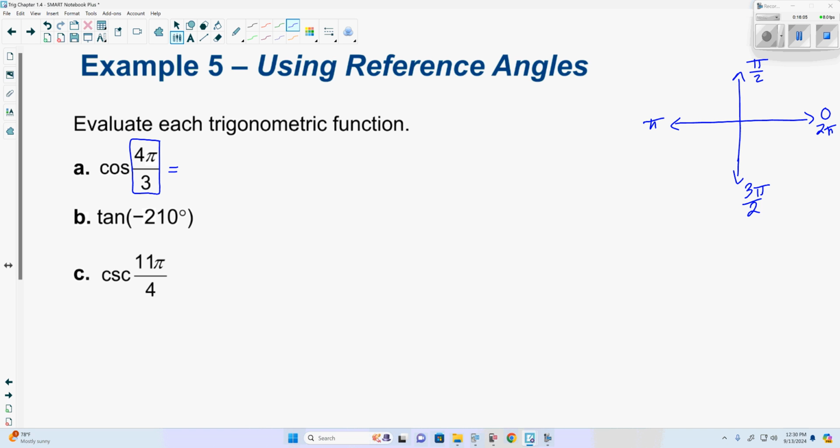Yeah, so it's past pi over 2. Pi is just 1 pi, yes? Is 4 over 3 bigger than 1? Okay, we're past that. Straight down is 3 halves, yes? Is 4 thirds going to be bigger than 3 halves? Maybe, maybe not, probably not, right? So what quadrant are we in?